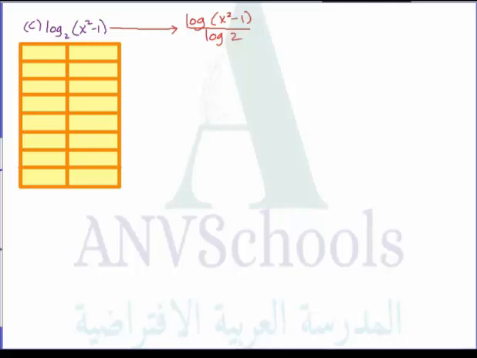So I have already prepared here the table. This is our table of values for x and for our f of x, and our f of x is this one. Suppose that my x values are 0, 1, 2, 3, 4, 5, 6.